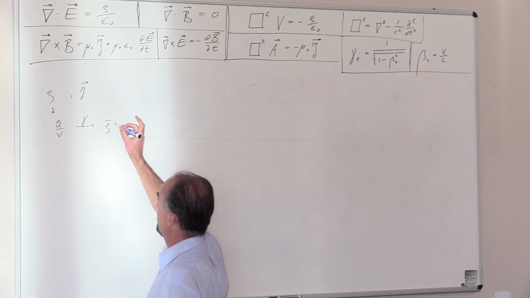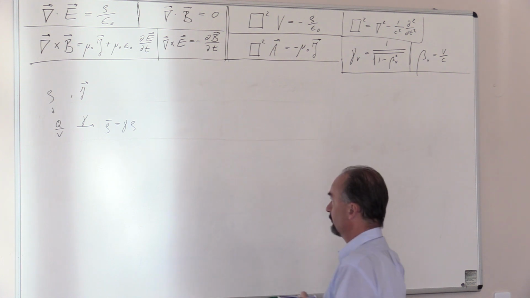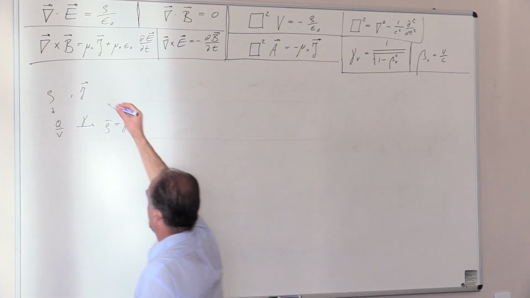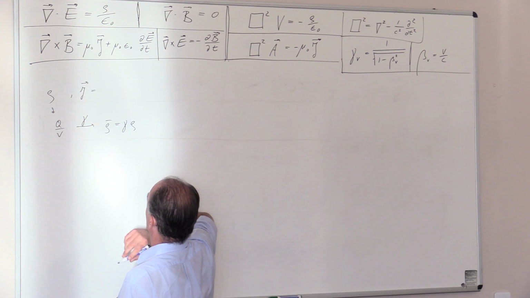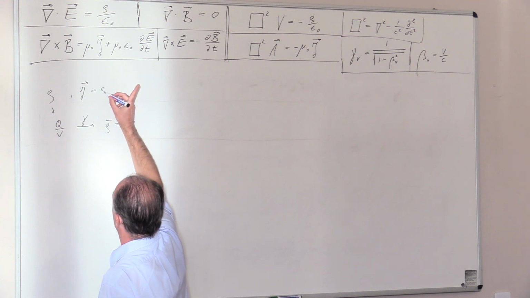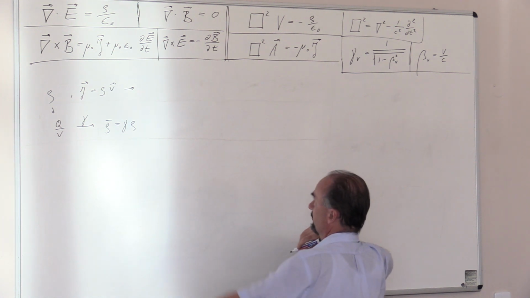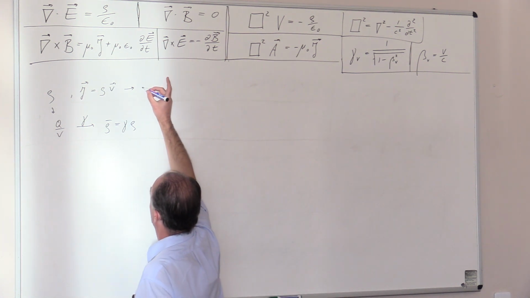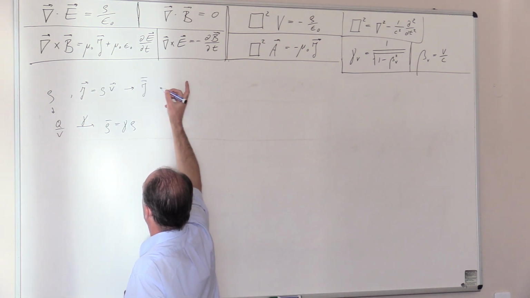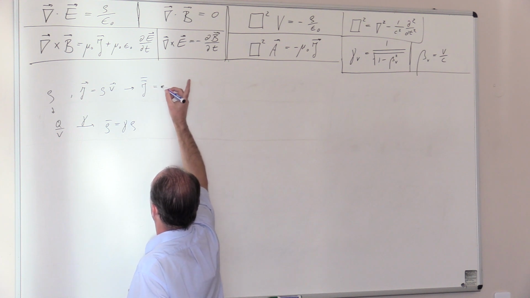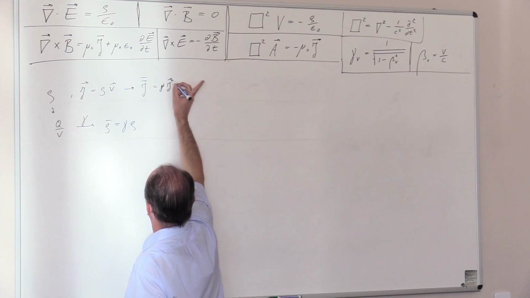So let's say rho bar will be gamma times rho. But the charge density you can always write as rho times V, and the same transformation will apply there, right? J bar will be gamma times J.